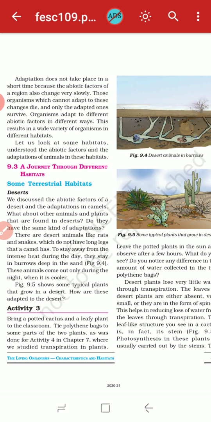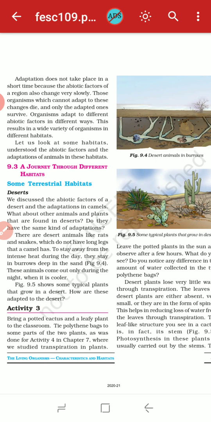Those organisms which cannot adapt to these changes die. Only the adapted ones survive. Organisms adapt to different abiotic factors in different ways, and this results in a wide variety of organisms in different habitats. So let us look at some habitats, understand the abiotic factors and the adaptation of animals in these habitats.